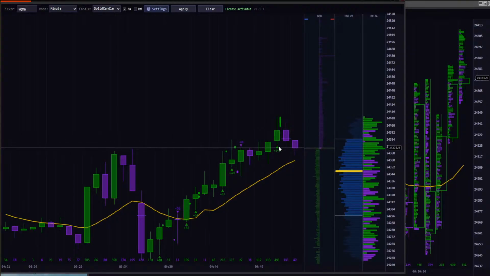Sell imbalances, you do not want to be taking sell imbalances. That little bar right there is a stacked sell imbalance. You do not want to take it when you are above that moving average. That is a no trade right there. You got a delta surge of, I guess, like 200 right there because we bounced off of the moving average. We bounced off of it on the 1 minute.